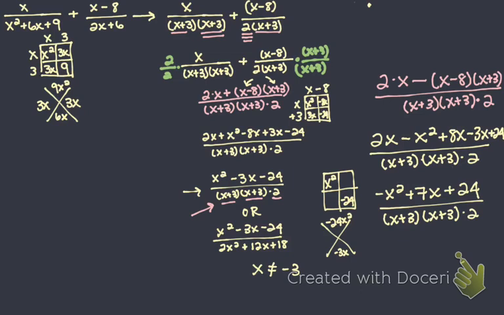And so what I can do is leave it as I have it here, or once again I can rewrite the denominator as 2x squared plus 12x plus 18, and the numerator stays negative x squared plus 7x plus 24. And thinking about the values that would be excluded, it still remains the same, that x cannot be equal to negative 3.